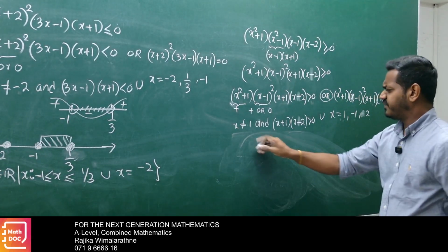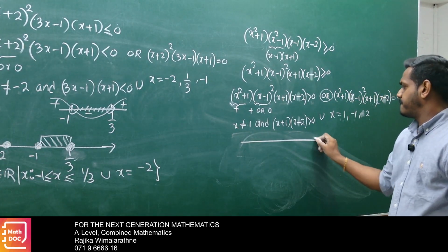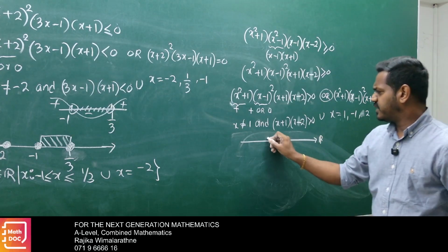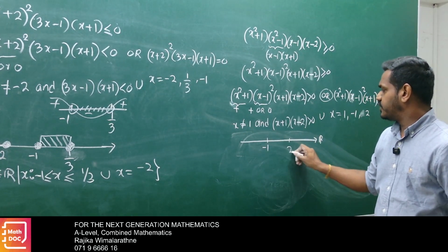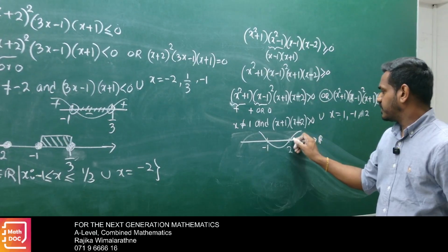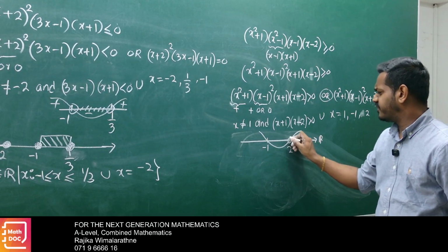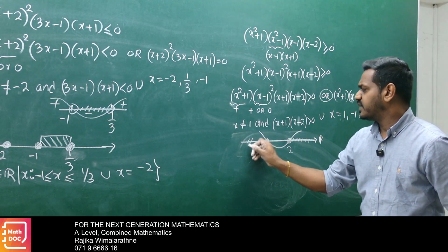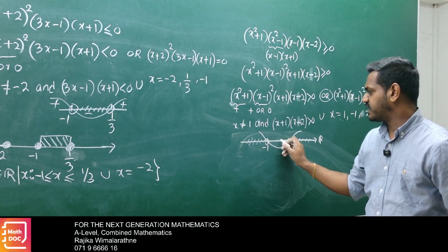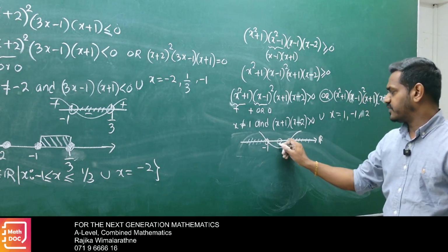Okay, check it. Here -1, 2, then here positive region, here positive region, then 1 exclude, no worries about that.